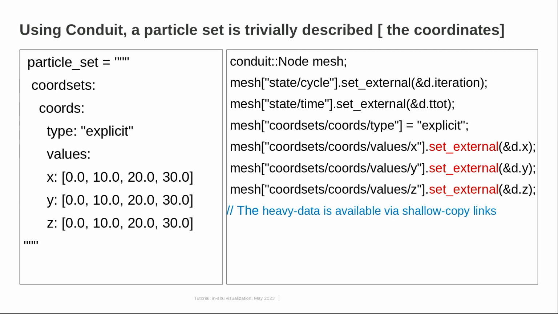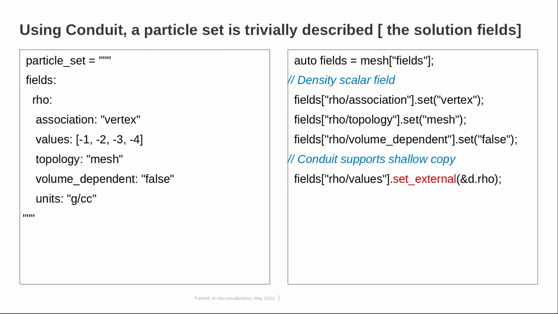Here's a bit more detail, things that I've shown you already. This would be the YAML description corresponding to this code here, the X and Y and Z description for the coordinates of my particles. One scalar field, the density, the association via shallow copies.